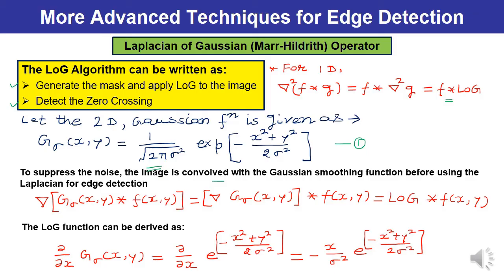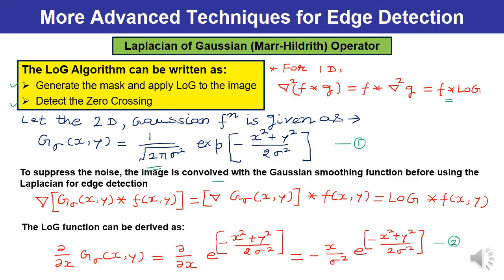So del by del x, when you differentiate with respect to x, then what you get over here is 2x, and in the denominator you also get 2. That is why this term is x upon sigma square times e raised to the power. This is how you write it when taking the derivative with respect to x. Similarly you get the value of del upon del y.